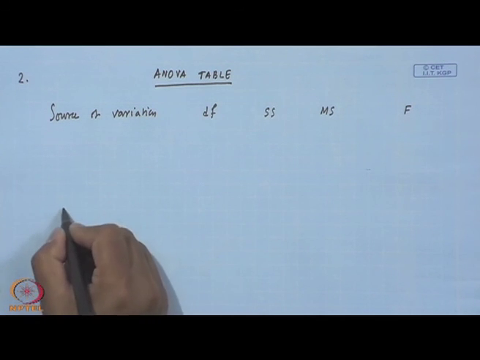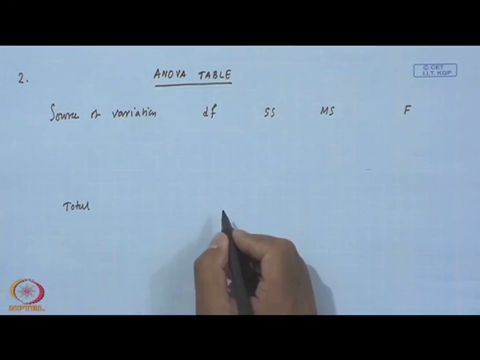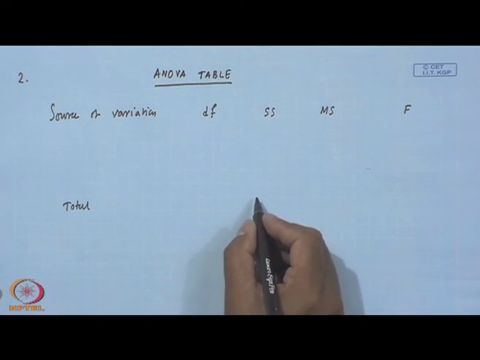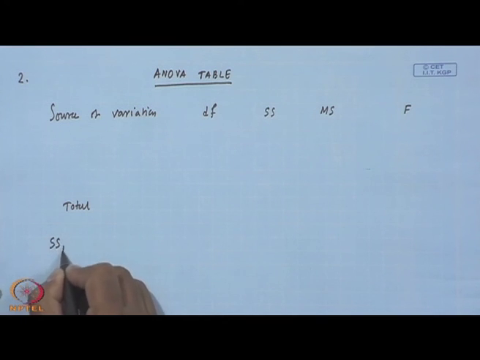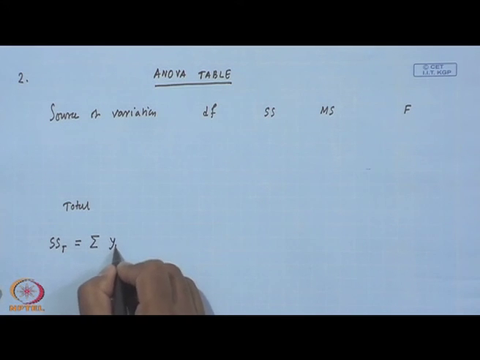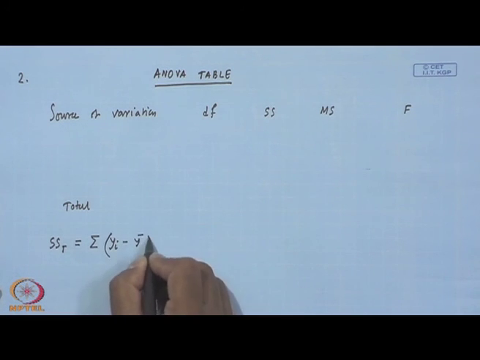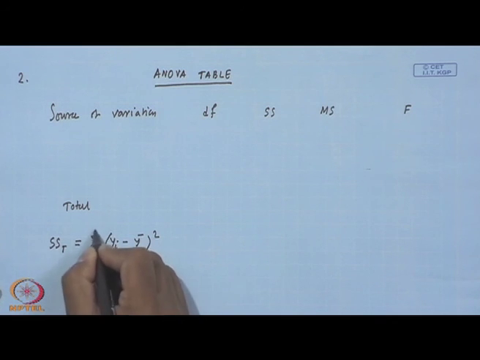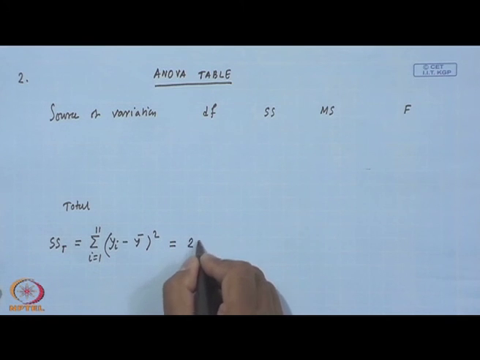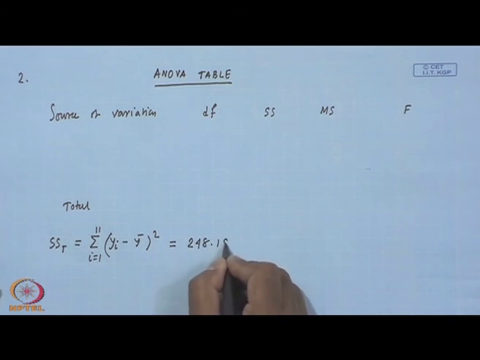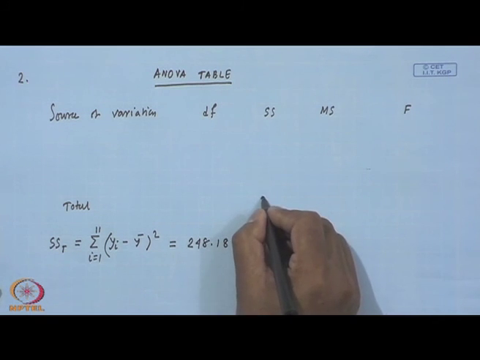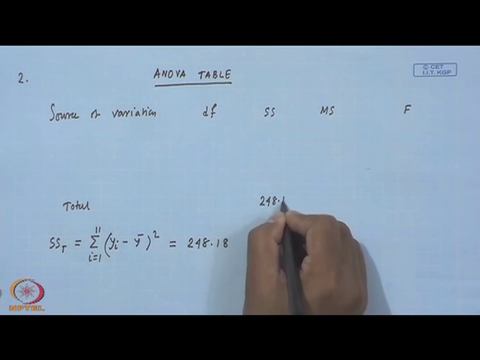The source total variation, that is SST. So, SST is equal to summation y I minus y bar square, I is from 1 to 11, and you can check that this is equal to 248.18. So, the SS total is 248.18.